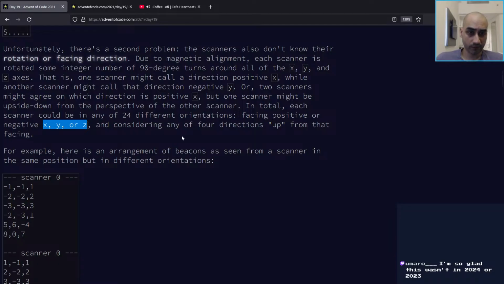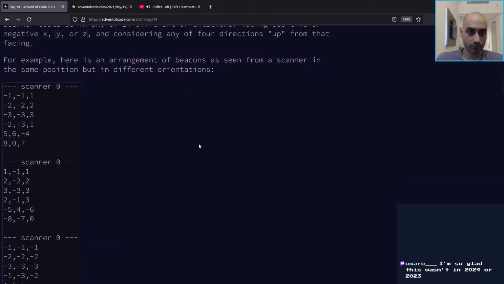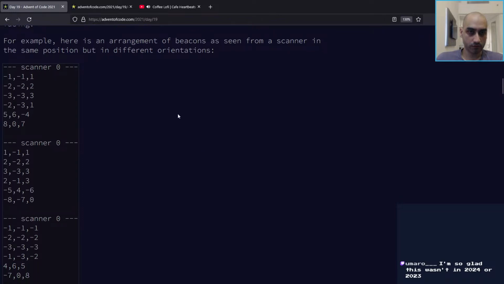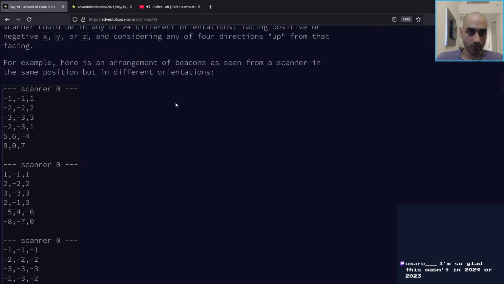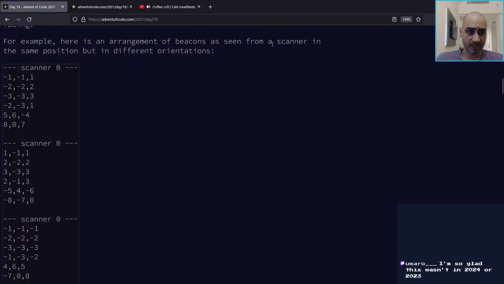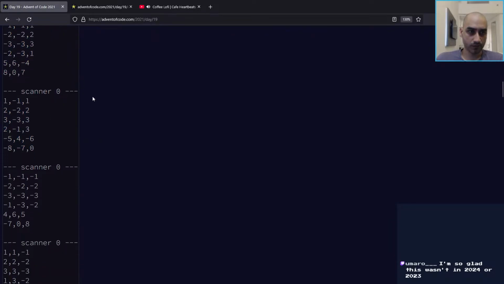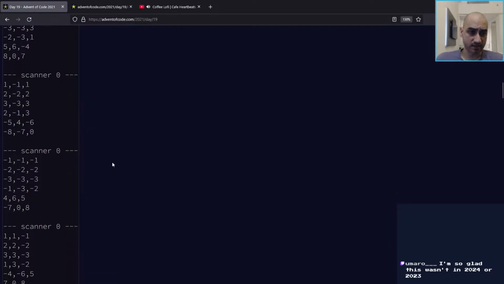Well, alright. Here is an arrangement of beacons as seen from a scanner in the same position but in different orientations. Okay, so basically the axes are shuffled.